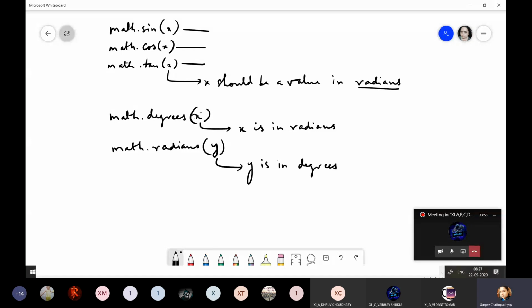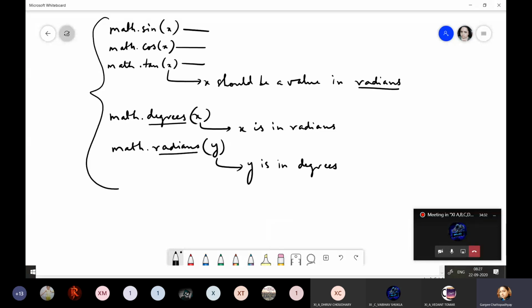So you can convert radians into degrees using the degrees function, and degrees into radians using the radians function. Again, these are trigonometric functions which you usually won't require unless you are working on a trigonometry-centric project or anything which requires a lot of mathematical calculation. Still, these are some of the commonly used functions.